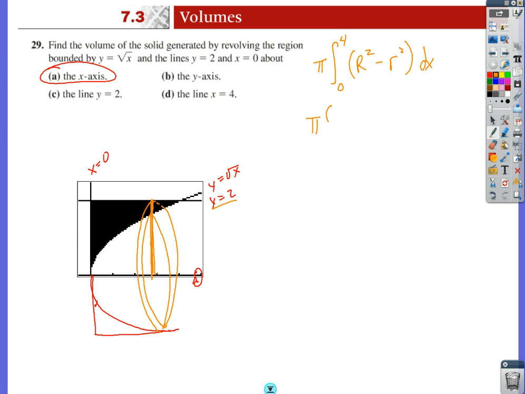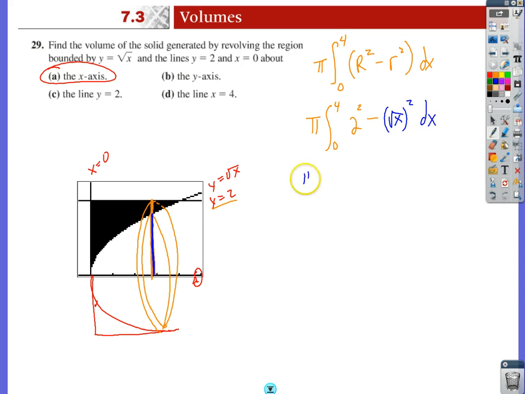So 0 to 4, 2 squared minus, what's little r? Little r again goes from the center of my rotation to here. That is my function height. What's my function? Square root of x, dx.